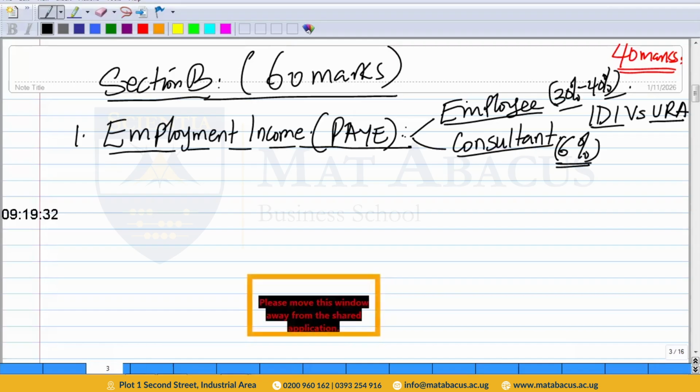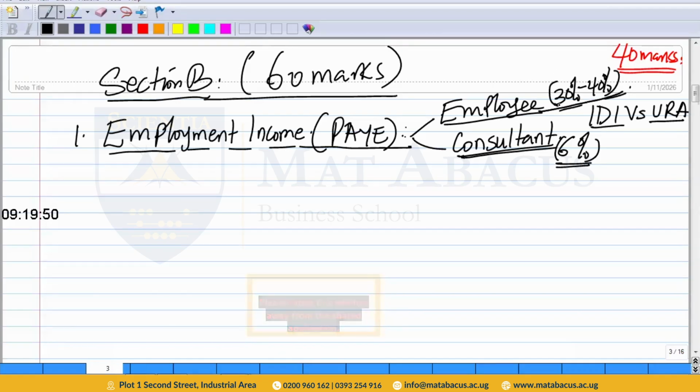When URA looked at the contracts, looked at the transaction, it recategorized these consultants and said these were not consultants, were actually employees. Therefore, IDI was supposed to be paying more tax because it paid at a lower rate.